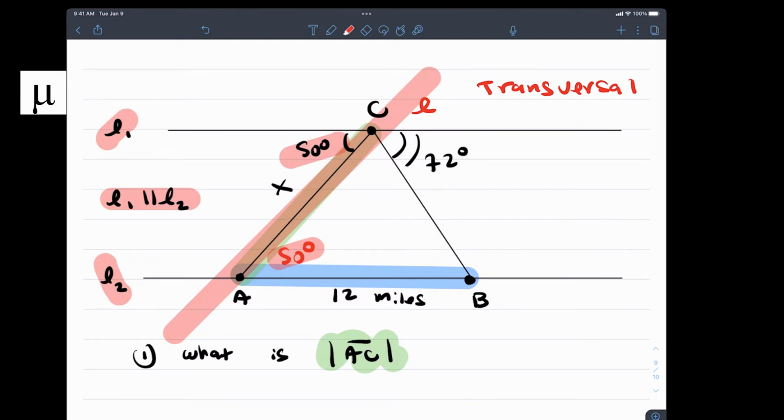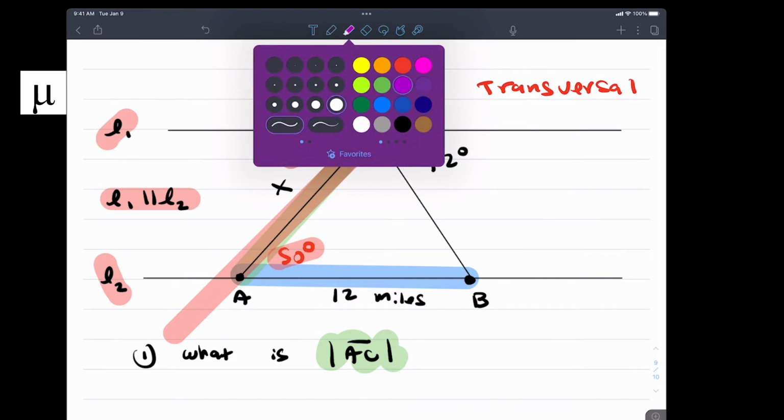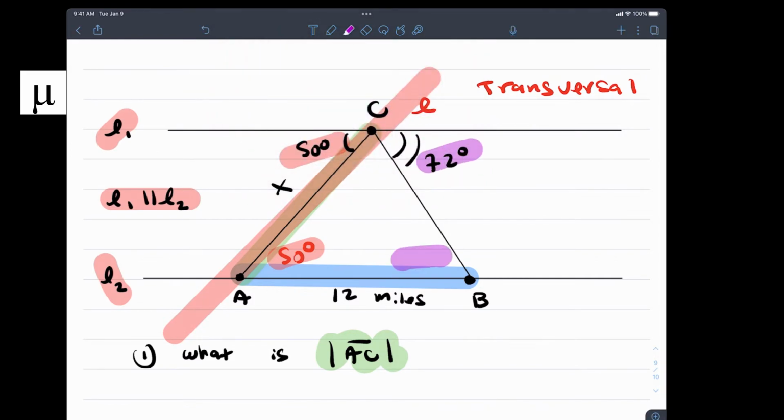You guys with me on this one? Good. Then you say, well, if that's 50, that means this is 72 degrees. Why is that 72 degrees? Because you're looking at a transversal.